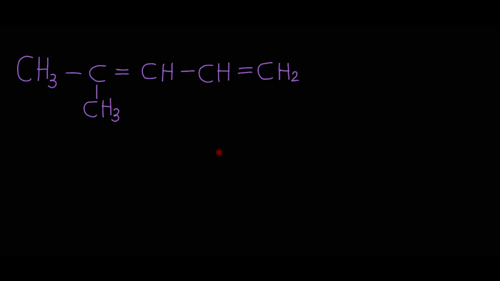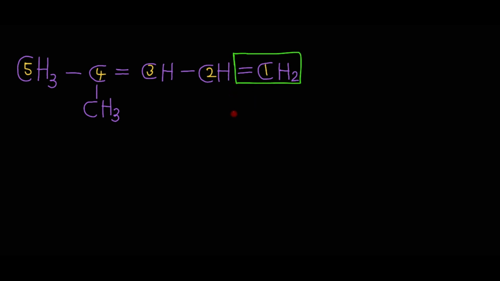Let's see this one. Even with this one you can notice that we have a double bond here and then a double bond here. So first we count these carbons. We count from right to left: 1, 2, 3, 4, 5. Then let's see where we obtain the double bonds.